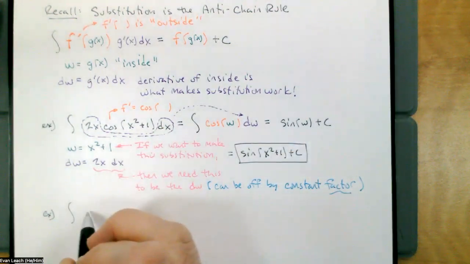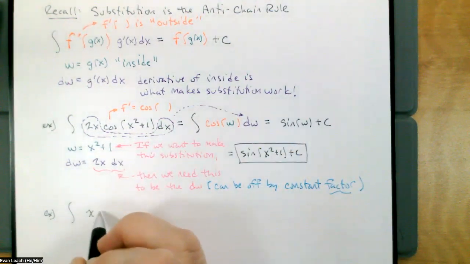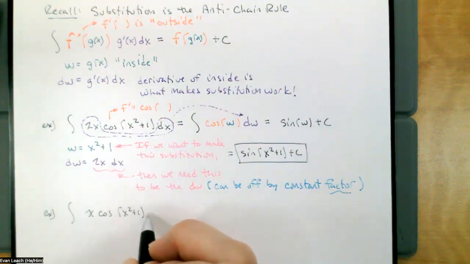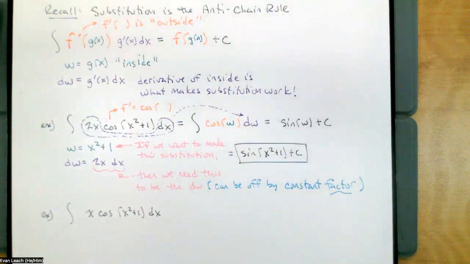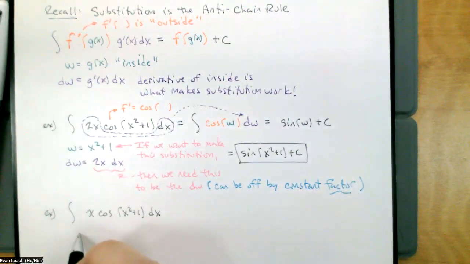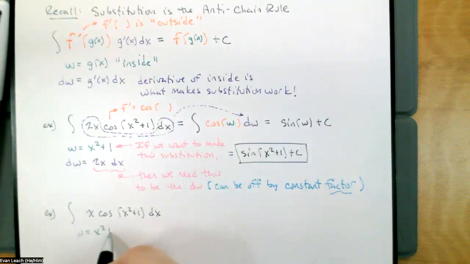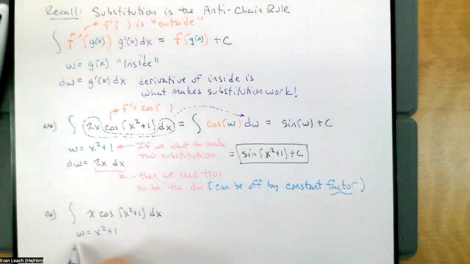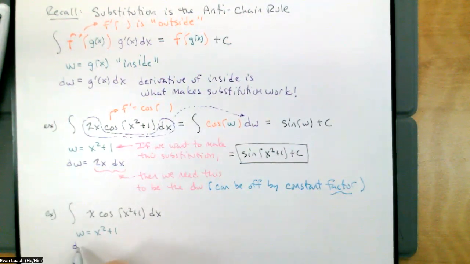So if I just have an x, cosine of x squared plus 1 times x, the substitution will still work. If I want w to be x squared plus 1, to make this work, I need a dw that's a constant multiple of 2x dx.